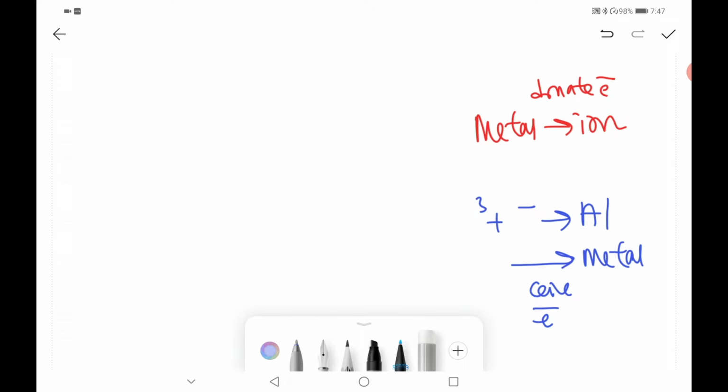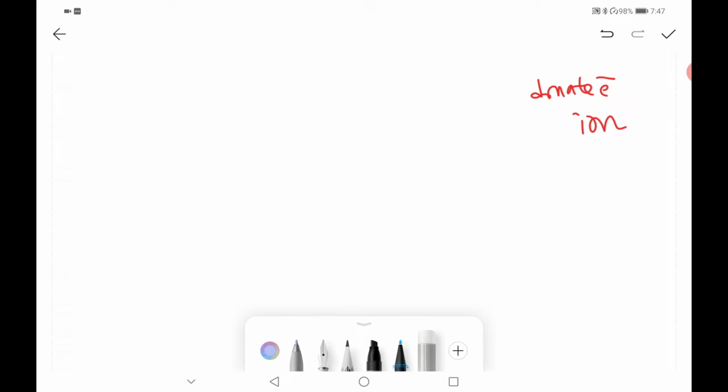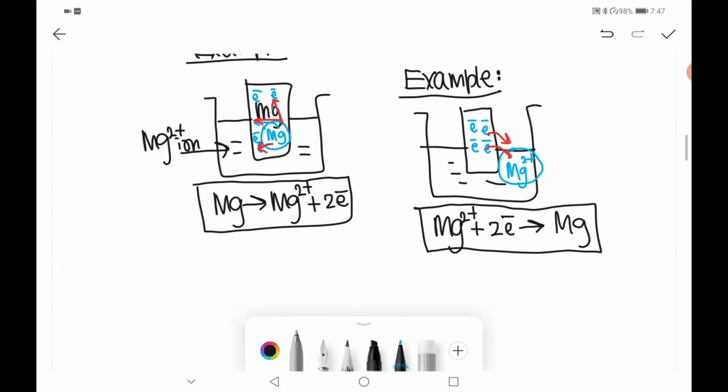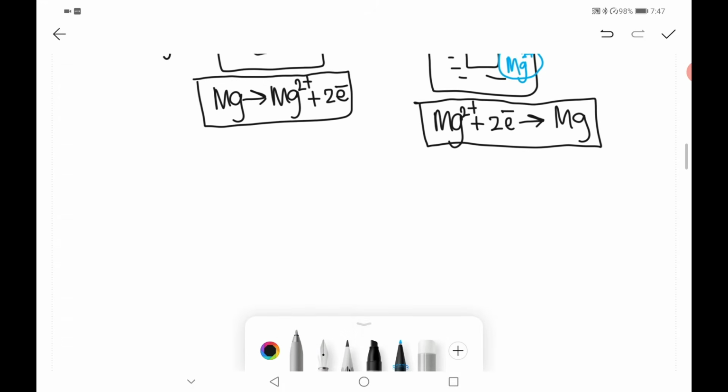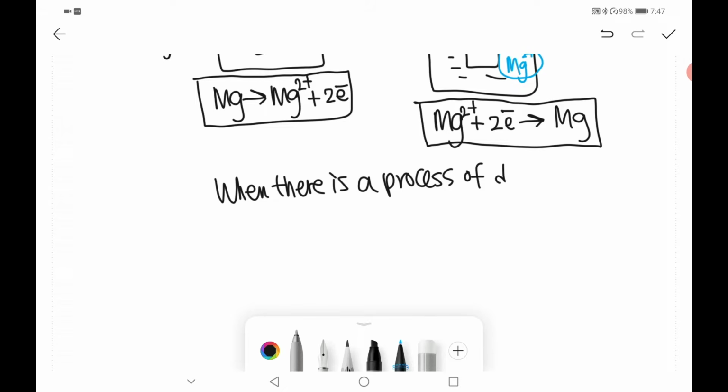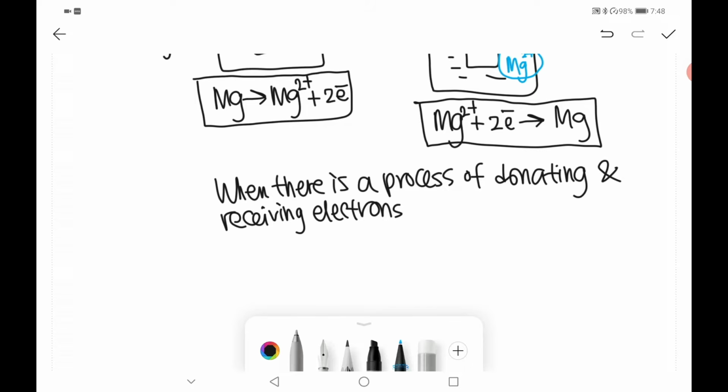Now when there is a process of donating and receiving electron, what happens is that the electron is moving. The metal is donating the electrons, the ion in the solution is receiving the electron.